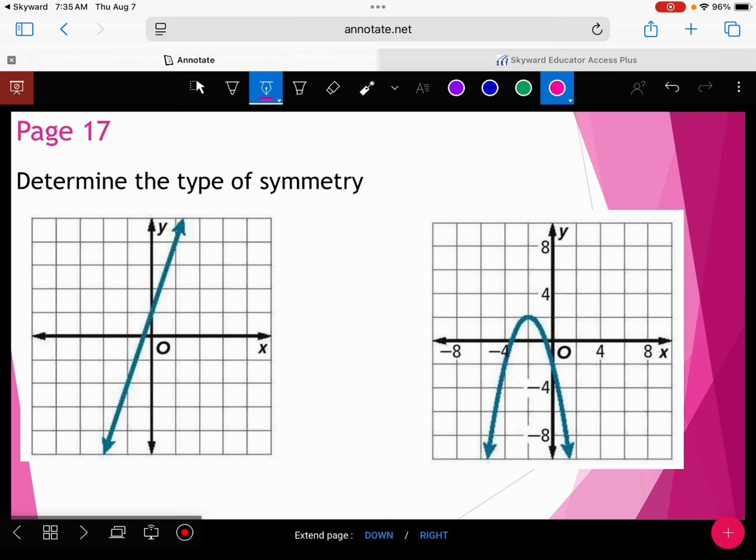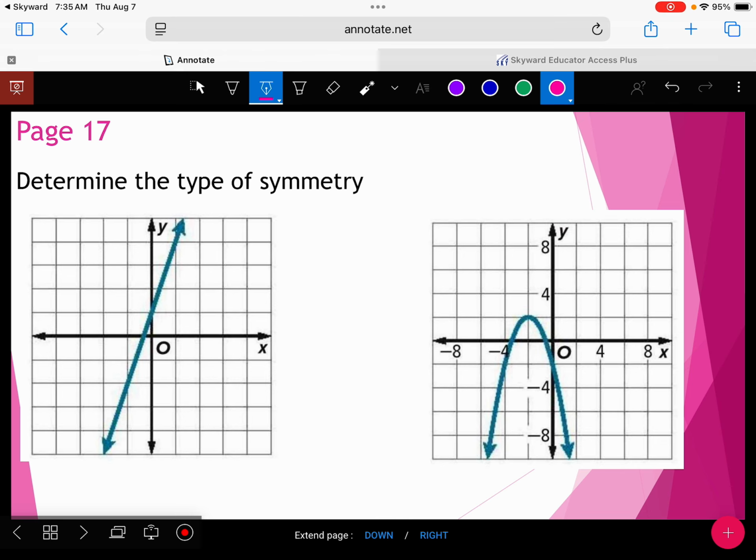All right, so when we're looking to try and figure out the type of symmetry we have here, especially when we have graphs, that's when we're going to grab our, this is my version of the patty paper right now, especially when we have a picture. What we're going to do is we're going to grab our paper, we're going to look at our graph, turn off the touch screen so it doesn't keep yelling at me. There it is. I'm going to save it.